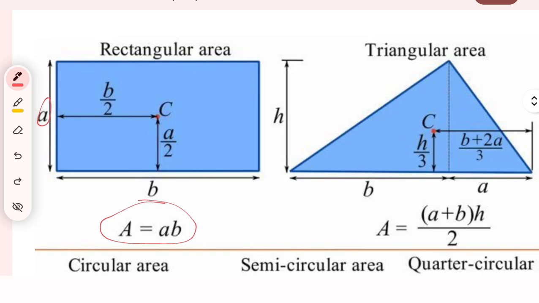Whatever the values on the sides are, you multiply them. A times b, that's the area of the rectangle. And the location is usually half of the side of the rectangle, so it is located at b over 2 or a over 2. That is the location of the centroid of a rectangular shape.